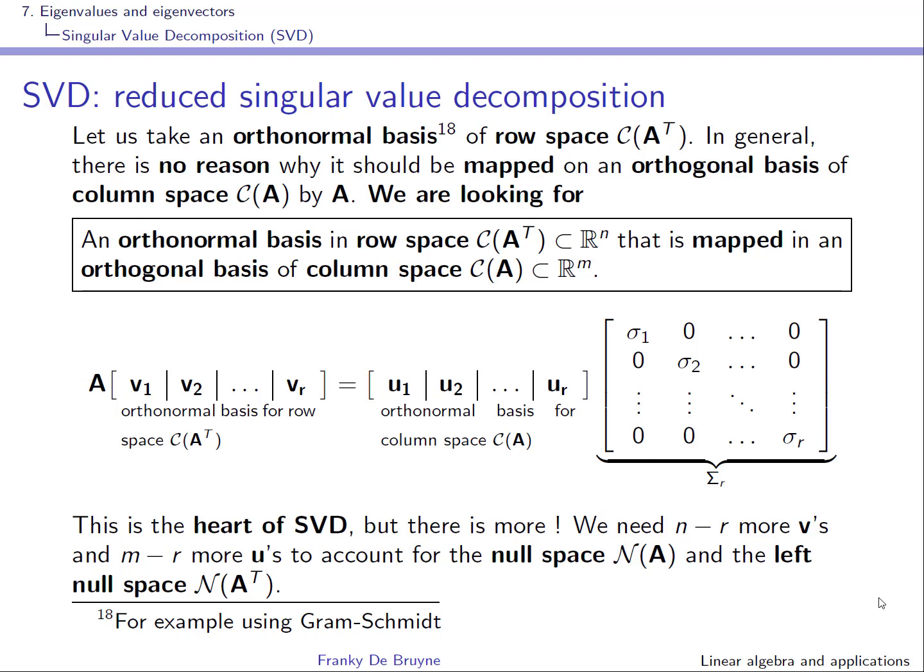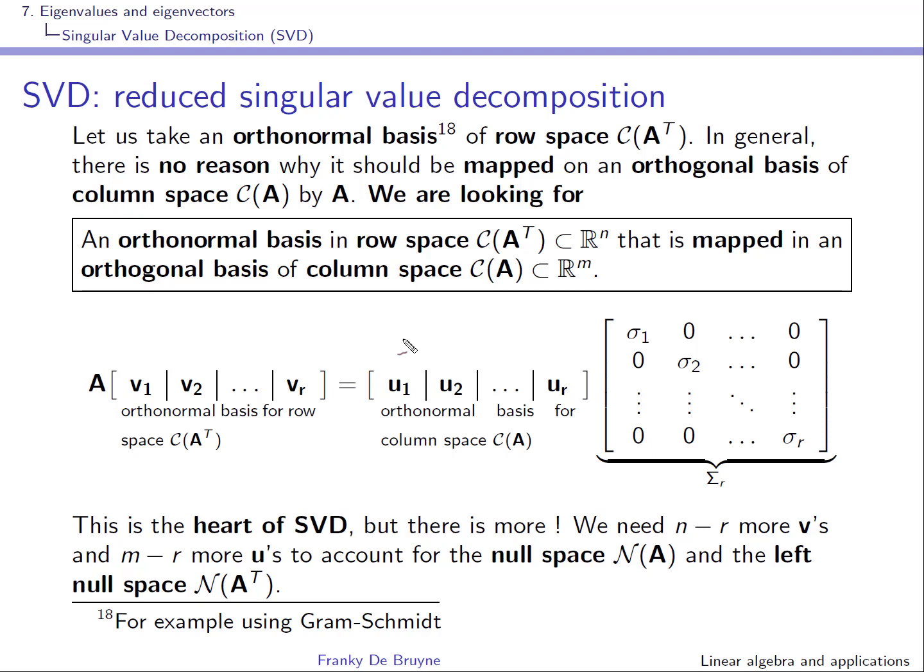Okay, so the v1 to vr vectors form an orthonormal basis for row space, and I've introduced them in the previous slide, and we make the assumption that their image is a vector in column space, and that all those vectors, u1 up to ur, are orthogonal. Okay, they are not necessarily of length 1.